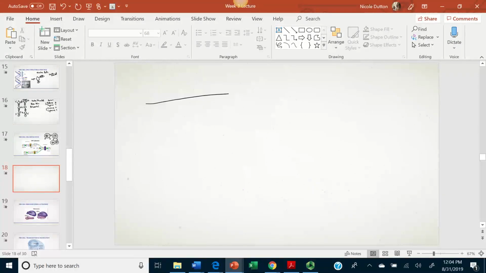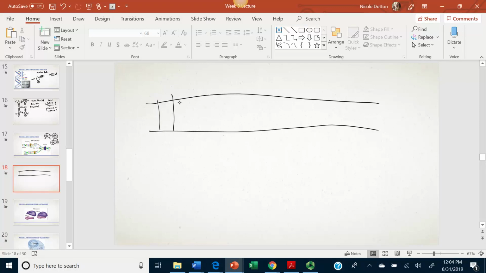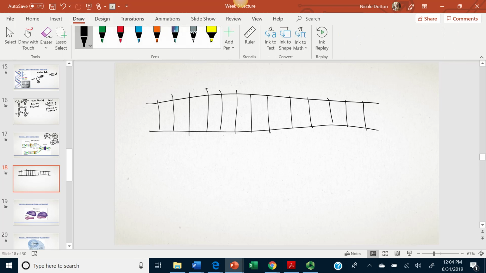So you have this double-stranded DNA here, and I'm going to draw it on its side. The bases are all lined up in the middle. So now we want to make a copy of this genetic material.